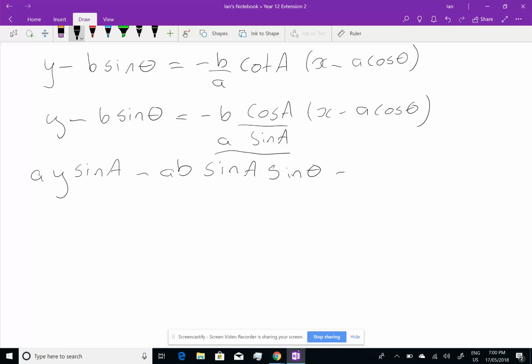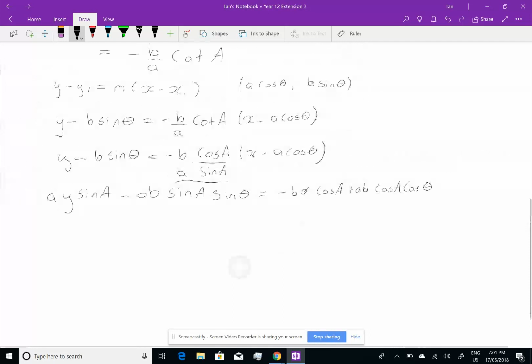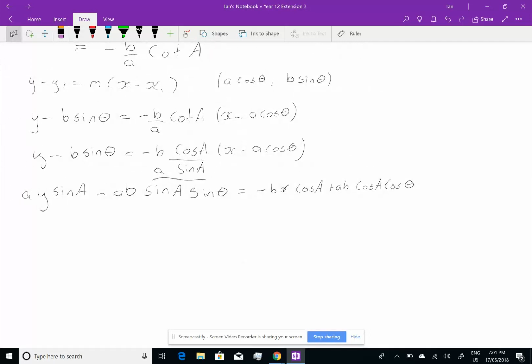And over here, I've got minus bx cos A plus ab cos A cos theta. All right, so it looks a bit ugly.